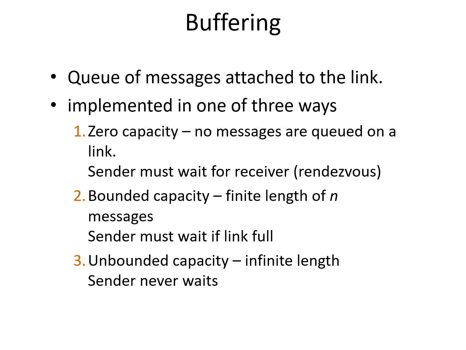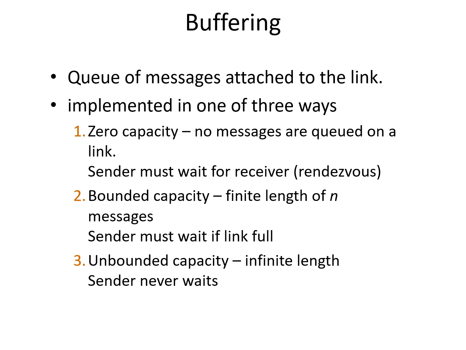Now let us discuss the buffer. The messages are stored in a queue called a buffer that is attached to the link. This buffering can be implemented in any of three ways: zero capacity, bounded capacity, and unbounded capacity. Zero capacity means no messages are queued on the link.